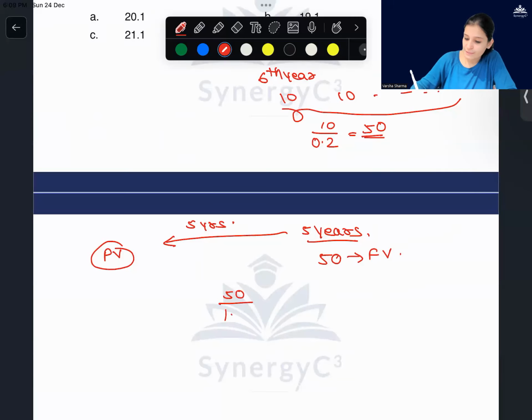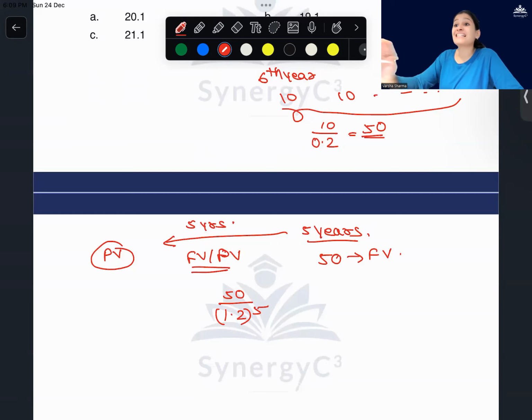50 divided by 1.2 to the power 5. Back tracing it, 1 plus I to the power n, present value. In this case, it's a normal future value, present value question, no annuity. The annuity started from the sixth year. Before that, it was a normal present value, future value question because it wasn't mentioned anywhere. It was only said that the perpetuity was starting from the sixth year.